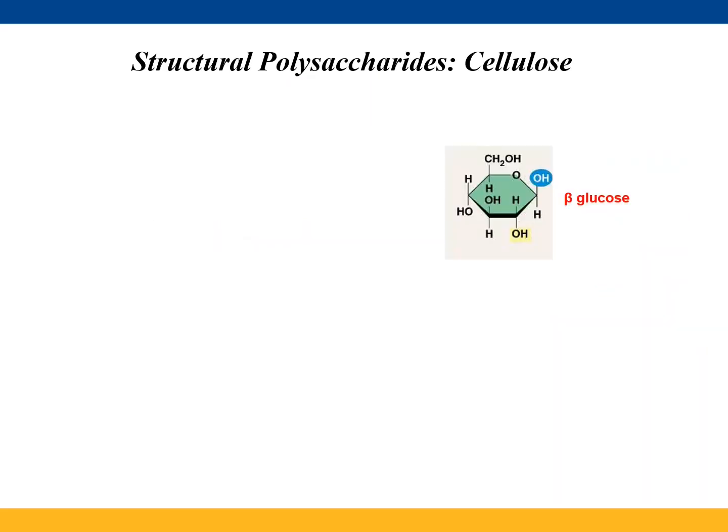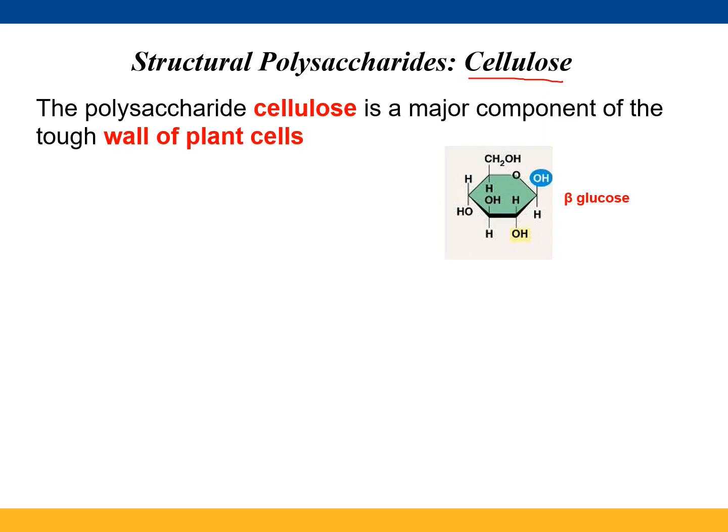Now I'm going to talk about a structural polysaccharide. I'm going to focus on the cellulose. And the first thing that I want you to remember is that the cellulose is a major component of the wall of plant cells. And as this schematic shows, the cellulose has a beta glucose like here.